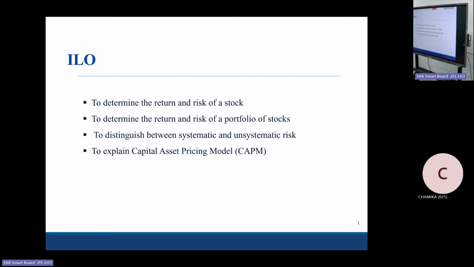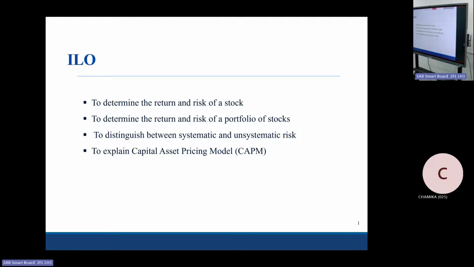But systematic risk, nobody can diversify it. Even if you have a well-diversified portfolio, systematic risk is still there. So you are provided a risk premium for bearing this systematic risk. That is what you will realize at the end.